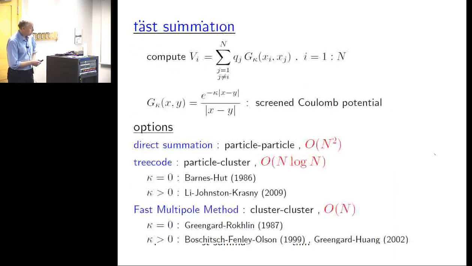The fast summation, let's abstract this as an example of the kind of sum that needs to be evaluated. If G kappa is the screened Coulomb potential, and xi is some point, this would be like an electrostatic potential at xi due to a set of charges. So the options for evaluating these sums, you can write a loop over I and a loop over J. That's direct summation.